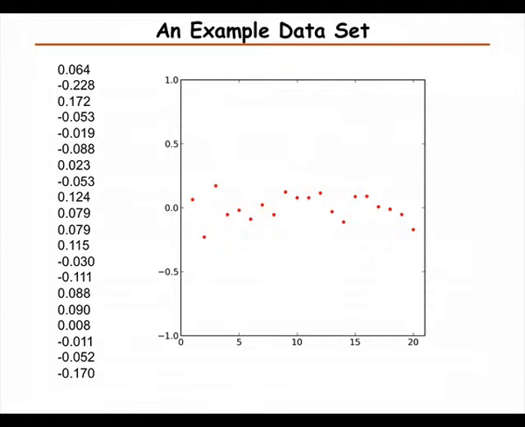So here I've just taken a simple example data set with 20 measurements, and this is the order that they were measured, and as a first step I've simply plotted each point in the order that they were measured. We see a little bit of scatter, but it looks rather random, and it looks like it's centered somewhere around 0.